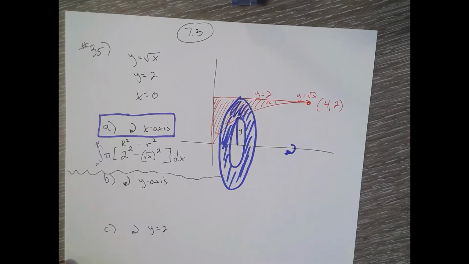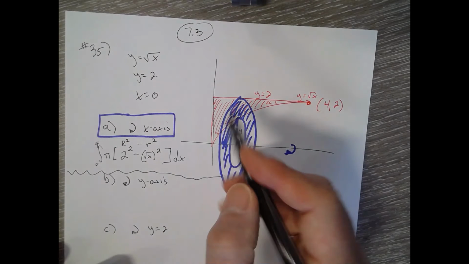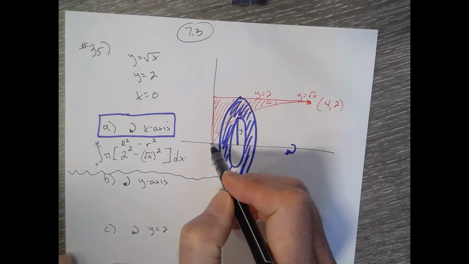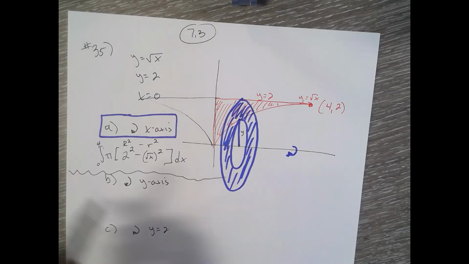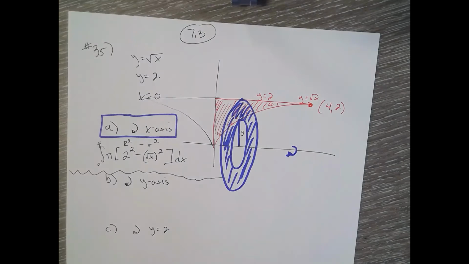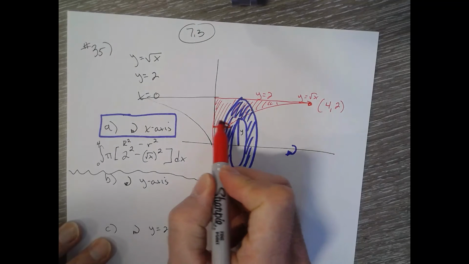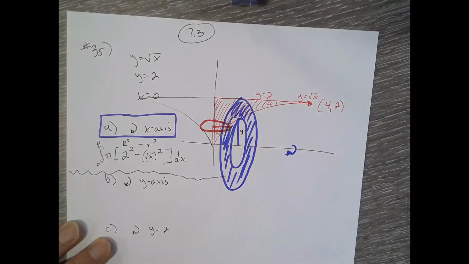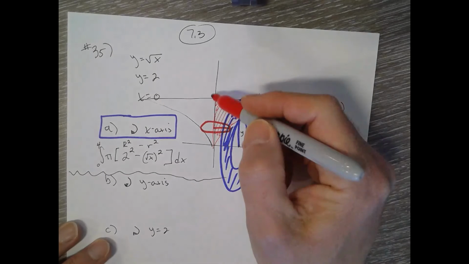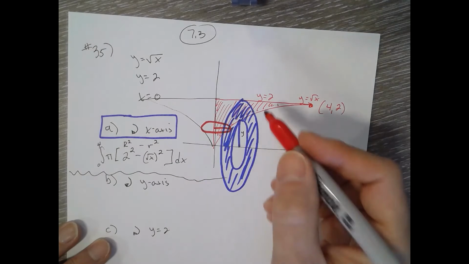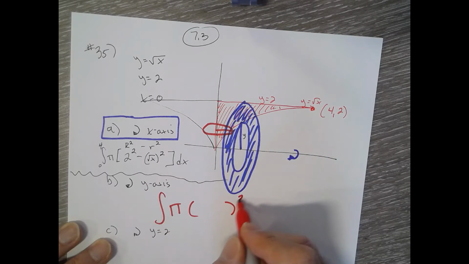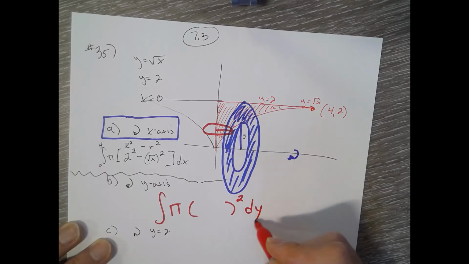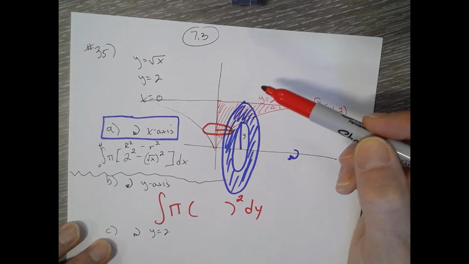Now we're going around the y-axis. So if we go around the y-axis, it's going to be a solid. So you can see that it's going to be not a washer, it'll be a disk. There's my disk. It's a vertical axis of revolution, so it's going to be the integral of pi r squared dy, so we're going from 0 to 2.